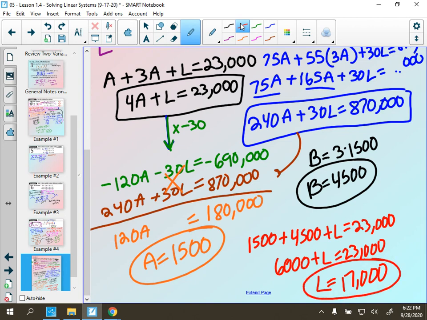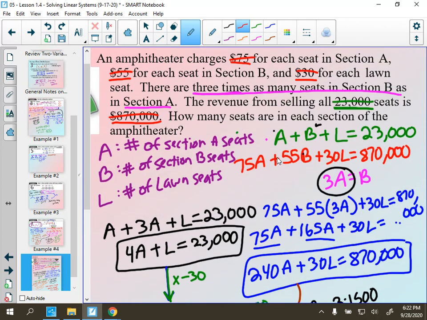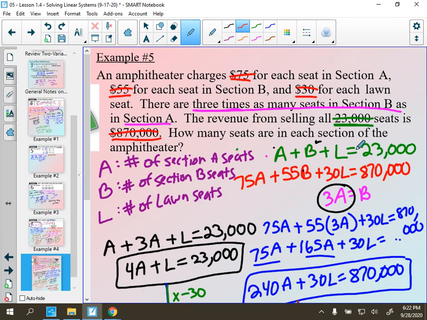All right, so let's bring it up. Let's wrap a pretty little bow around this one. A equals, B equals, L equals. We do want to finish it and say, how many seats in each section? This is our final answer. There are 1,500 A seats, 4,500 B seats.